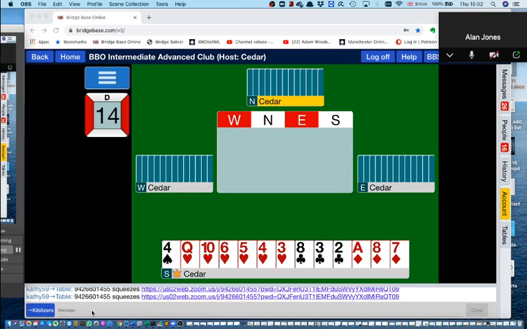So these are the features that I will be looking for today. First of all, the squeeze must be on the second player to play, when you play off the squeeze card. So obviously it could be a positional squeeze, but it could be an automatic squeeze as well, in the sense that the threats could be split, but it has to be the second player who is the one being squeezed for this type of squeeze to work.